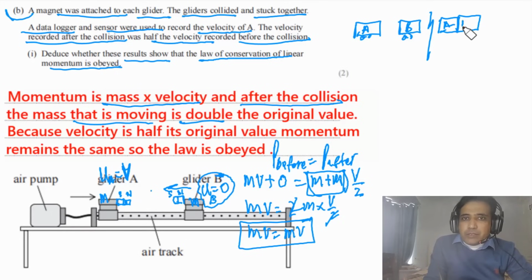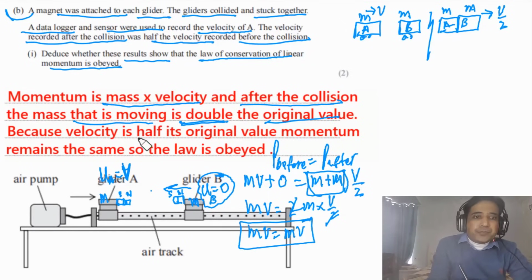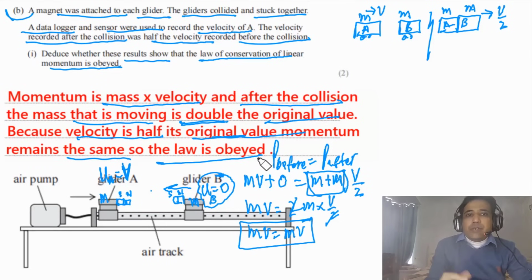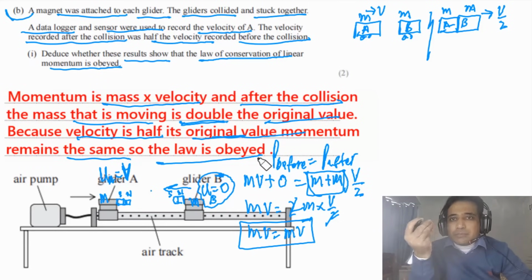So we have A here, B here, the mass of this one is M, the mass of this is M, so this is 2m. The initial velocity of this one is V, and the final velocity of these two is V by 2. Mass is double the original value. Because velocity is half, its original value of momentum remains the same, so the law is obeyed. So this is how you can answer. It is an easy question, not a very difficult one, if your basic concept is clear.